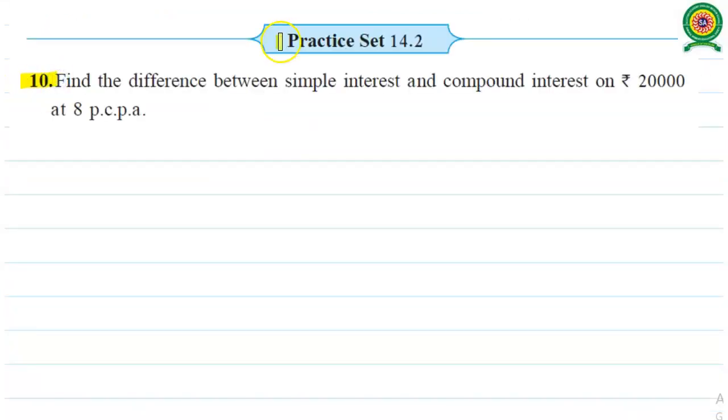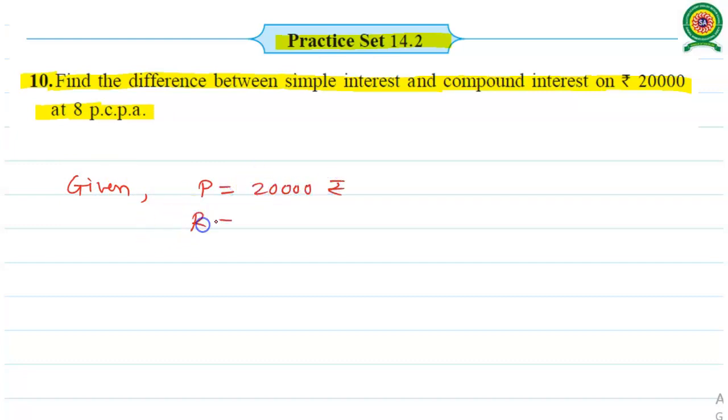Look at question number 10 from practice set 14.2. Find the difference between simple interest and compound interest on 20,000 at 8% per annum. Now we are given the principal amount, 20,000 rupees, and the rate of interest, 8% per annum.